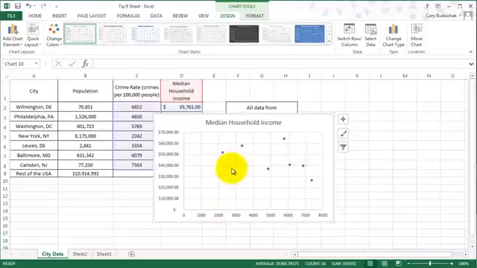But you can see that there's sort of a correlation: if there's a very high crime rate, there's a low household income. And some things, like this bubble, sort of break the trend, but in general, there's that trend overall. So we can see these trends appear once we use scatter plots instead of our clustered plots.